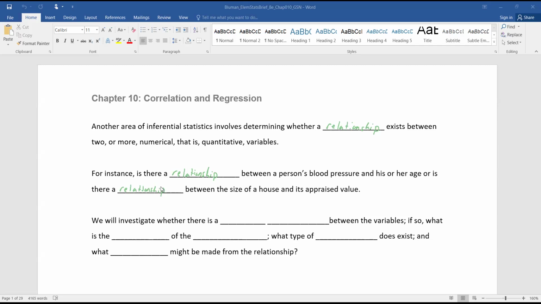We will investigate whether there is a linear relationship between the variables. If so, what is the strength of the relationship?